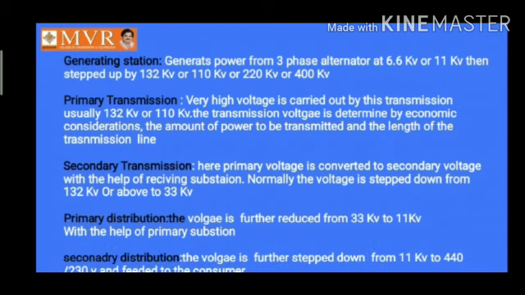Next, in secondary distribution, the voltage is further stepped down from 11 kV to 440 or 230 and fed to the consumer. Where we are located, we are treated as consumers, and the power quality problem will not arise from the consumer's point of view, because you need good quality power.